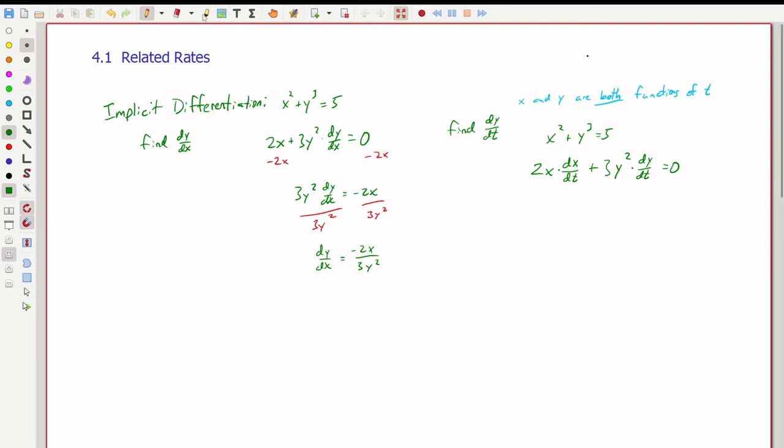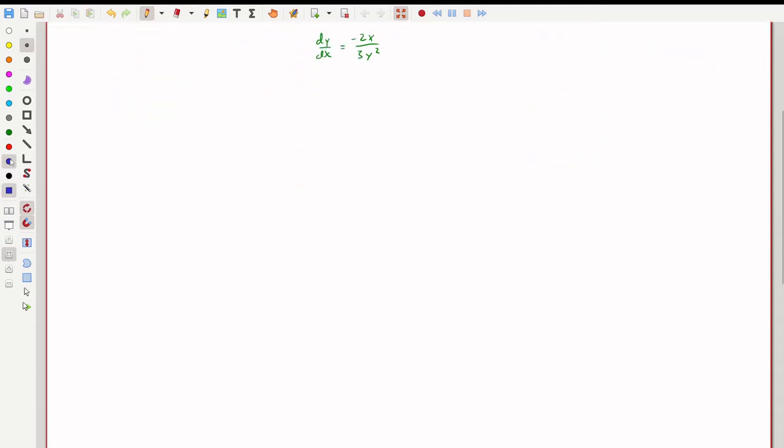All right, so now let's go ahead and take a look at a related rates problem. So I'm going to start with an example. So let's suppose that we have two cars driving on different roads.